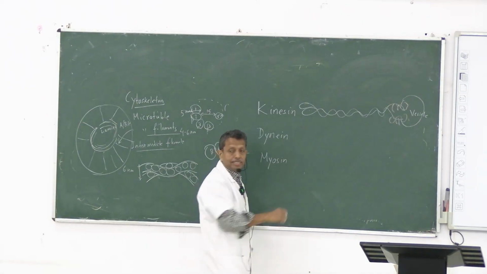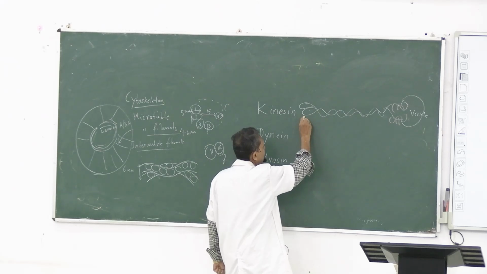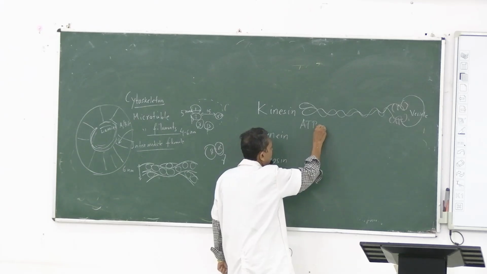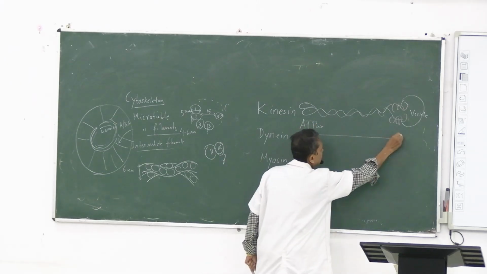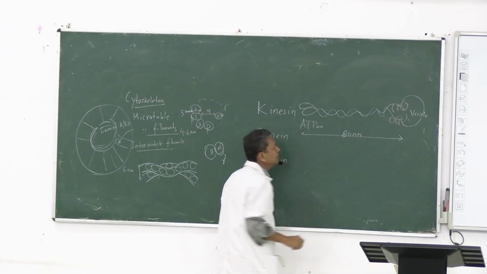They are all ATPases, 10 to 50 kilodalton ATPases, and 80 nanometer is their length.